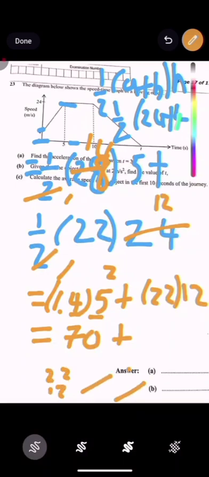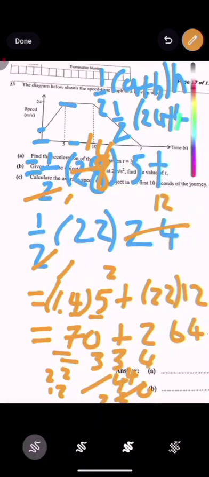It will be 264. Then 264 plus 70 is going to be 334. Yeah, 334 meters. So this is the total distance.